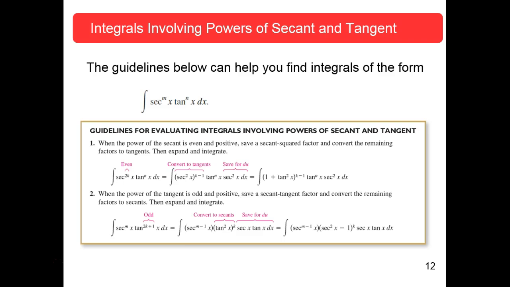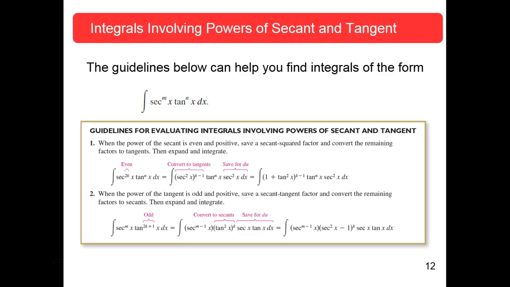They've done it rather strangely, but if you pull out a secant squared, this will be secant of 2k minus 2, right? But you took out 2 here. And 2k minus 2 would be 2 times k minus 1. So you put the 2 on the inside and the k minus 1 on the outside here. Leave the tangent alone.